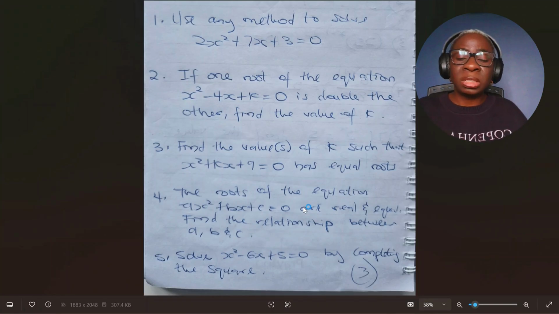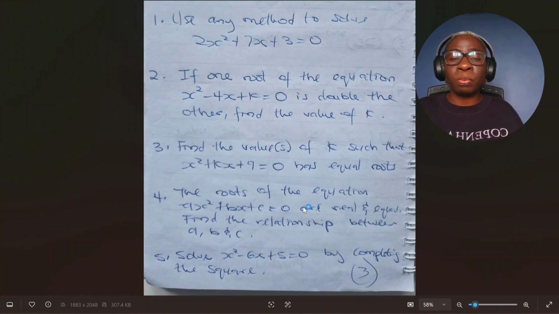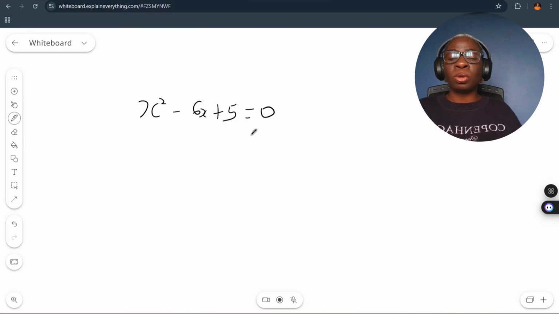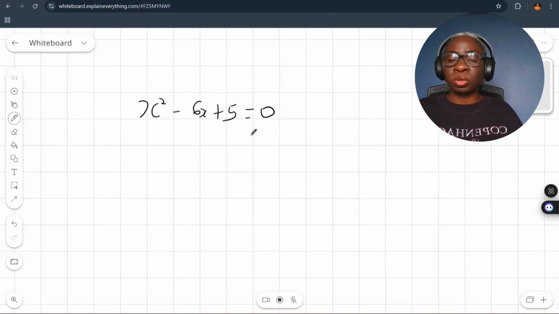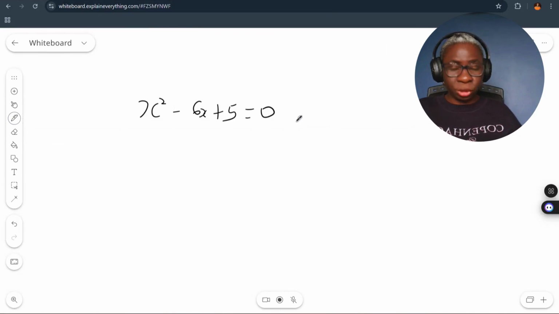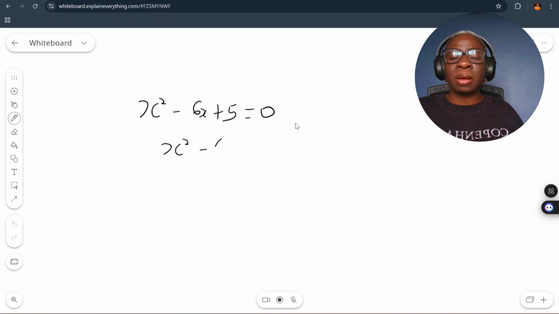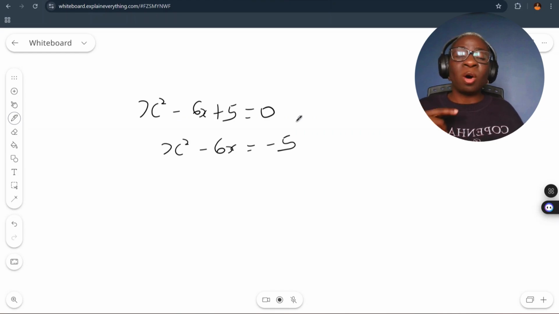The fifth question says we should solve this by completing the square. How do we complete the square? When you want to use completing the square to solve a quadratic equation, all you have to do is first take the c to the other side, so that we have x squared minus 6x equal to negative 5. Now we will look for the square of half of the coefficient of x.